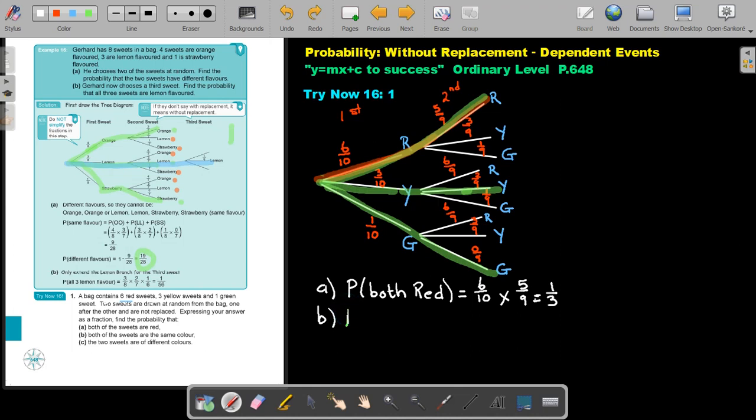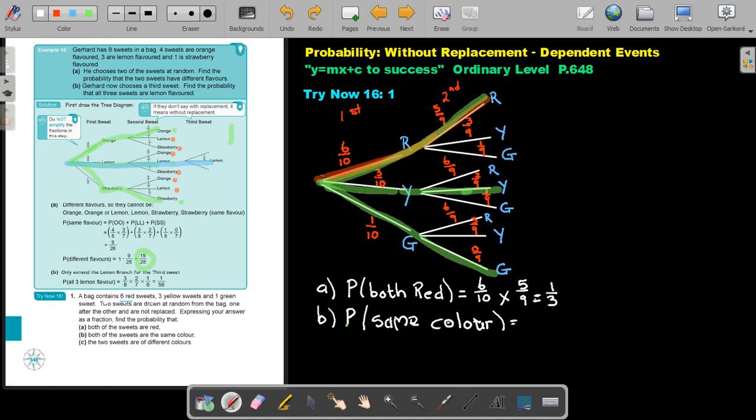So probability, same color. Okay, so basically, it's just going to be all those different outcomes.